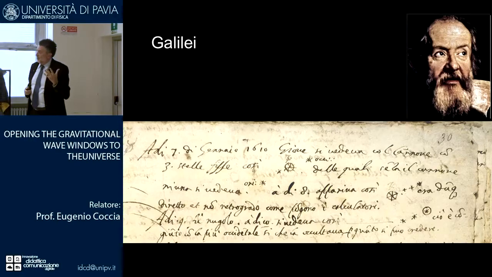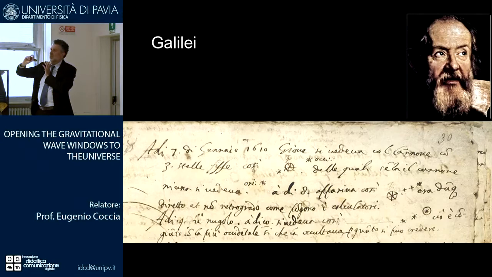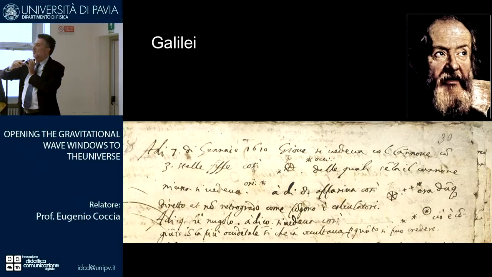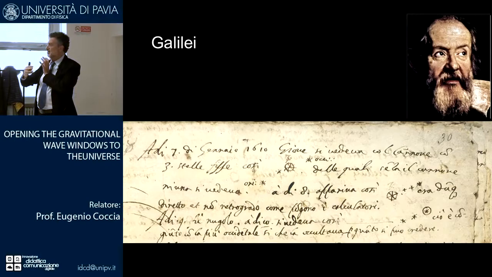But what Galileo discovered, pointing the telescope, the cannon, as we call it, to the sky, was a surprise, was something new. When you develop a new instrument, you always find something new, and most of the time this was not predicted. In fact, this was not predicted.